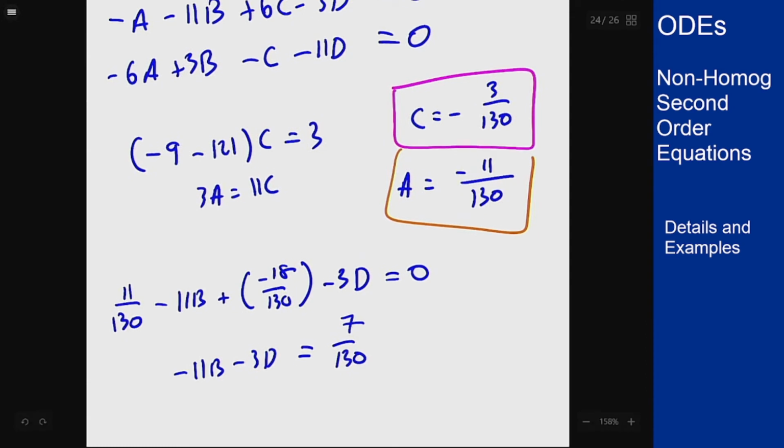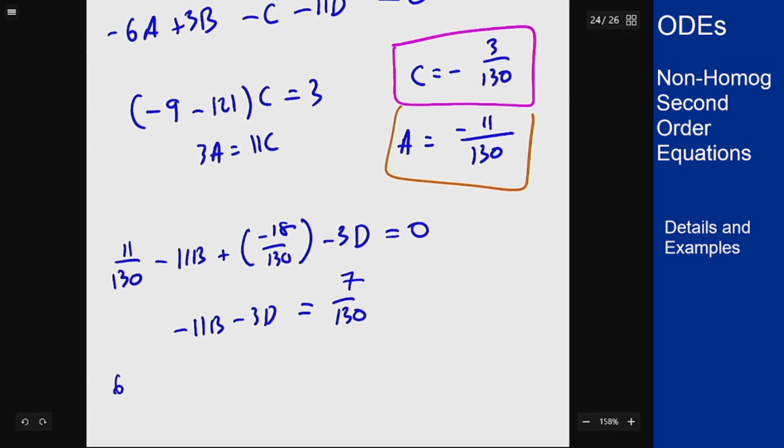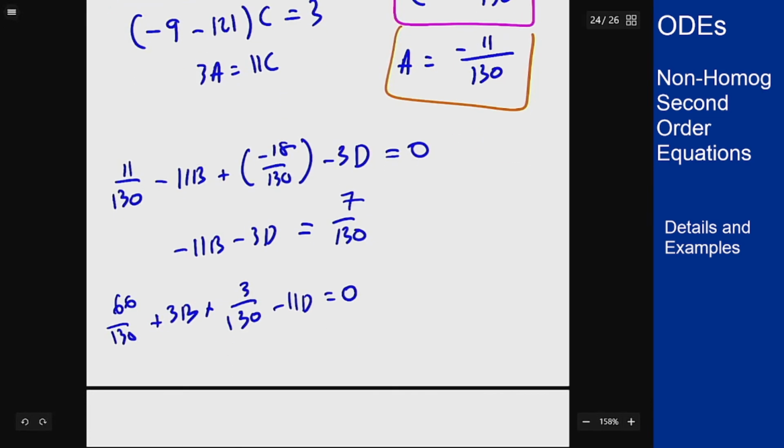And the other equation gives me negative 6a, so 66 over 130, plus 3b, plus 3 over 130 minus 11d equals 0, or 3b minus 11d is negative 69 over 130.